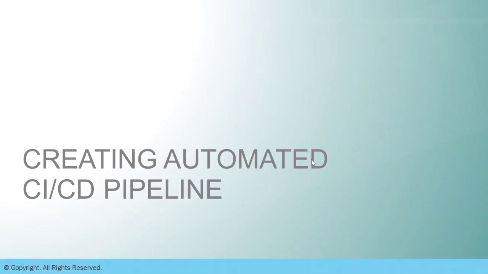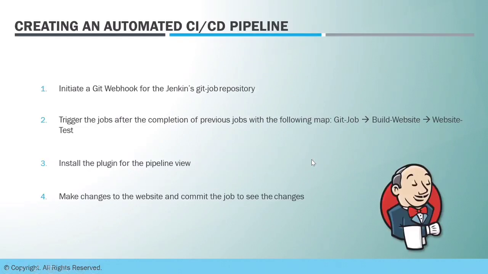So let's try to create our own CI/CD pipeline on Jenkins. These will be the typical steps that we will be executing here. We will initiate a Git webhook for the Jenkins GitHub repository. A Git webhook is an action that we add on the Git side, so that any action on the Git repo on which we have added the webhook will trigger the jobs on the Jenkins side.